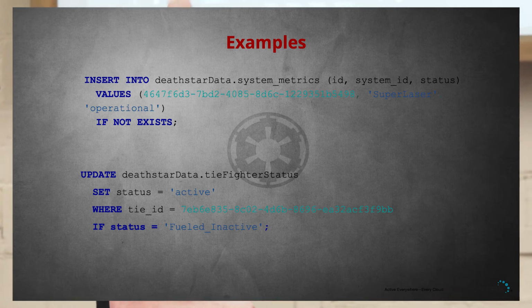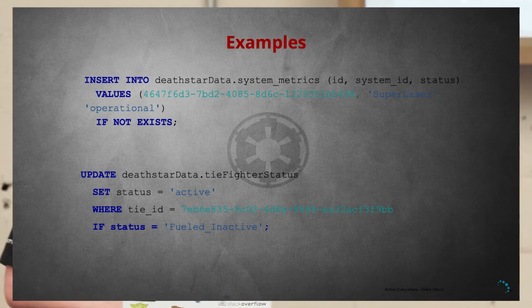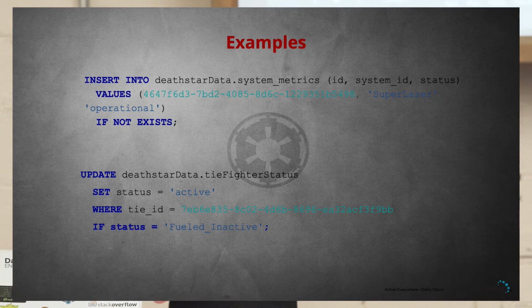And then the really cool one is update, where we're doing update Death Star data TIE fighter status. And we're setting a status to active on that particular TIE fighter if its status is fielded and active. Now, if that status was destroyed or maybe unfueled, inactive, or anything else, we don't want to set that to active because that's not going to be an operational TIE fighter.